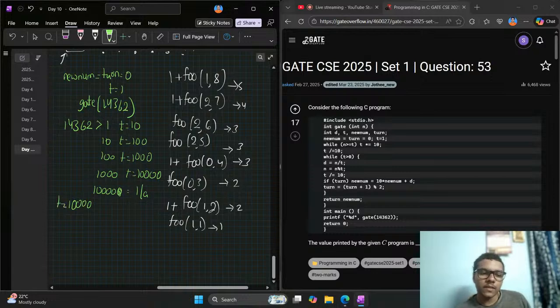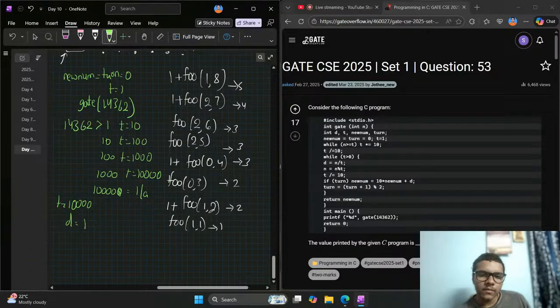While turn is greater than 0, d is equals 10 by t. What is D? Okay, D is now initializing.